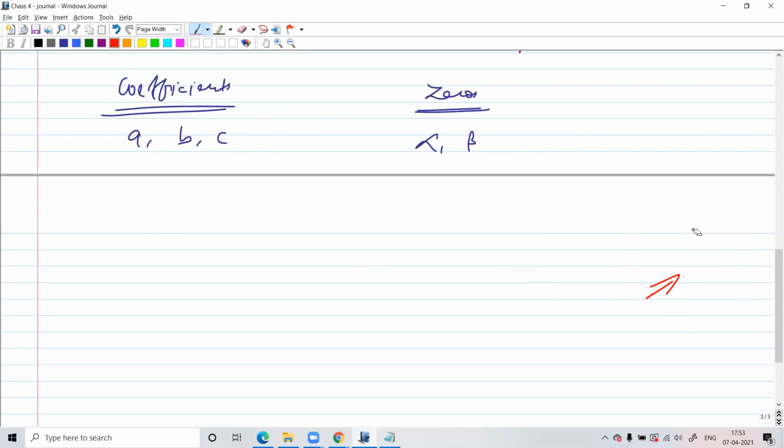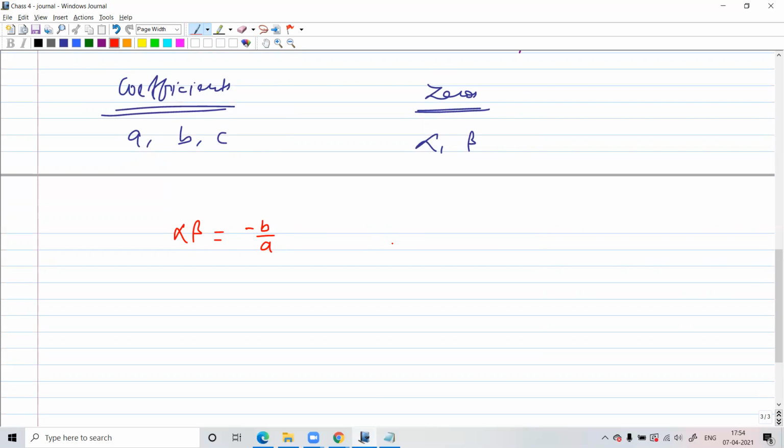Alpha into beta will be minus c by a. Then alpha plus beta will be minus b by a. Alpha into beta is how much? Say that again. Alpha into beta will be minus b by a, sir.